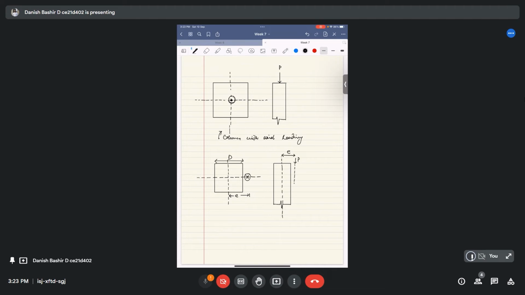We can call it loading with uniaxial eccentricity, because it is with respect to only one axis.